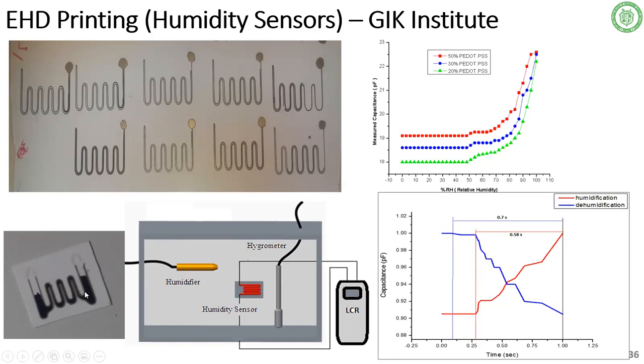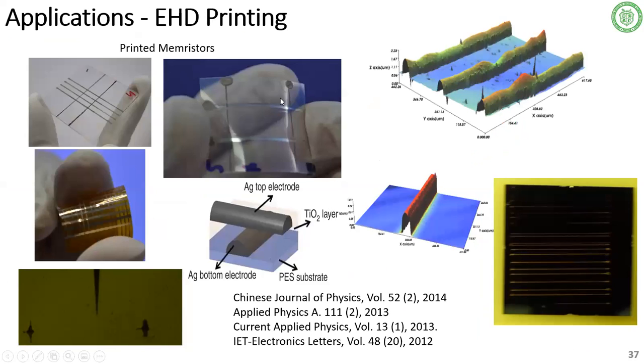The change in humidity is sensed through the change in capacitance, and you can see that we detect the change in relative humidity over a range. This shows the response time, humidification and dehumidification, and this is a schematic of the test we performed. These are a few examples of the research we conducted and are further working on.